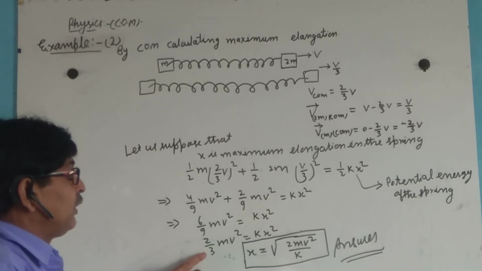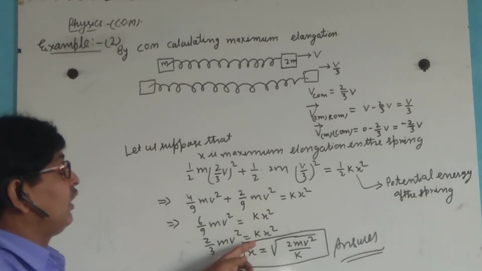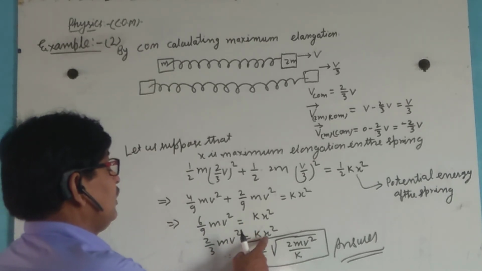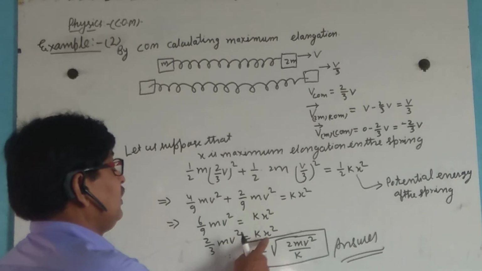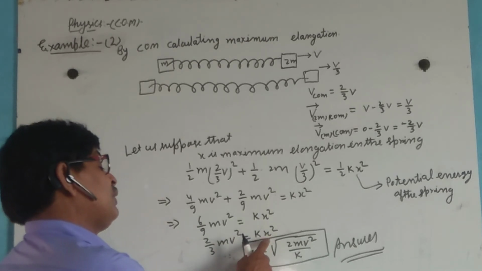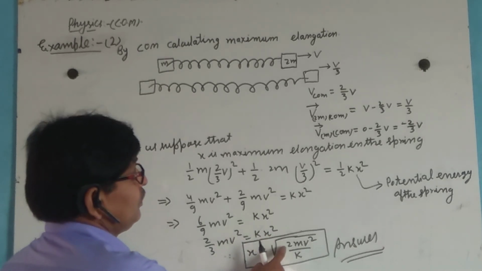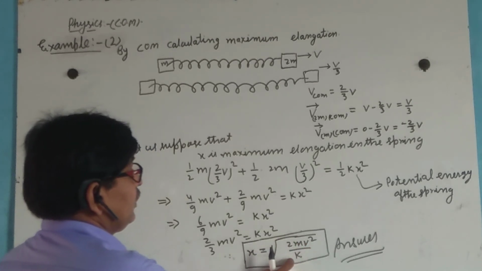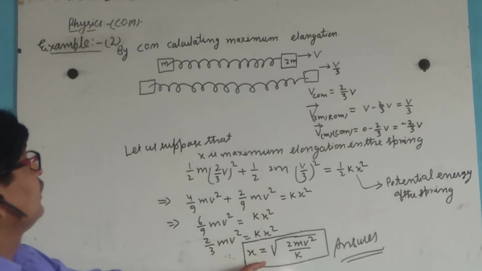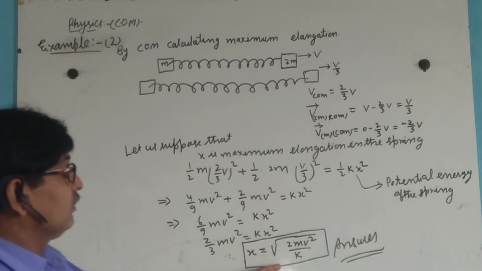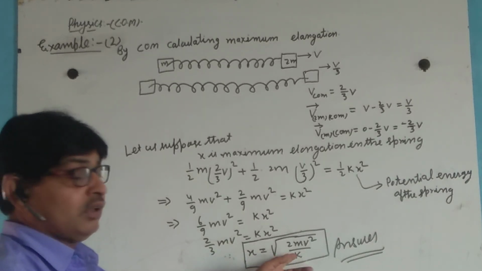This is 2 by 3 m v square equals k x square, so x equals under root 2 by 3 m v square by k. This is the maximum elongation, and this is our result.